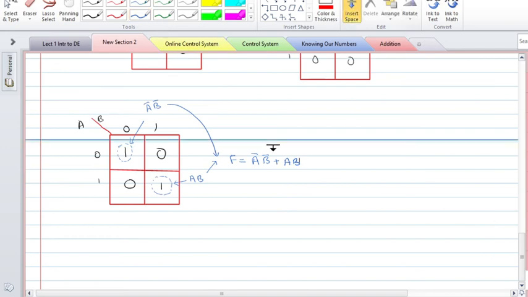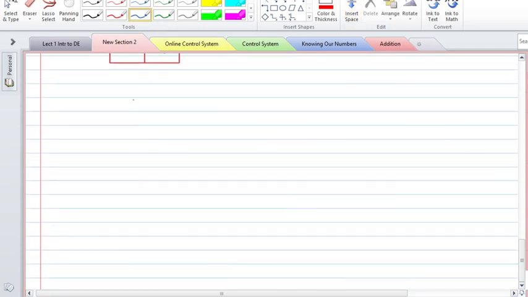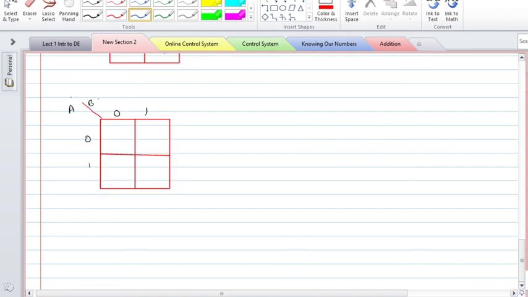Now let's have another example. If all the cells are filled, it means this one, and the largest possible group is a group of 4 cells like this.